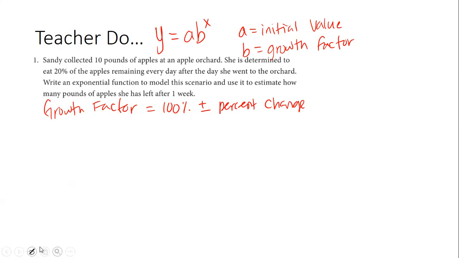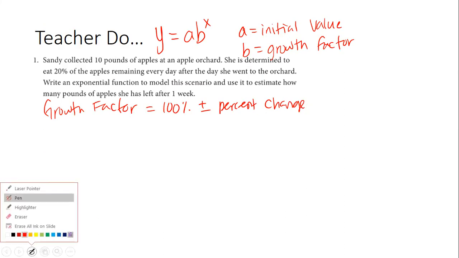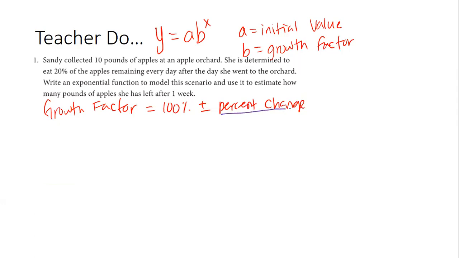Okay, so when we're talking about our percent change, you're asking, what are you increasing or decreasing by, right? It's the value that you increase or decrease by. Okay, when we're reading word problems, this is where that math and common sense comes together. Okay.